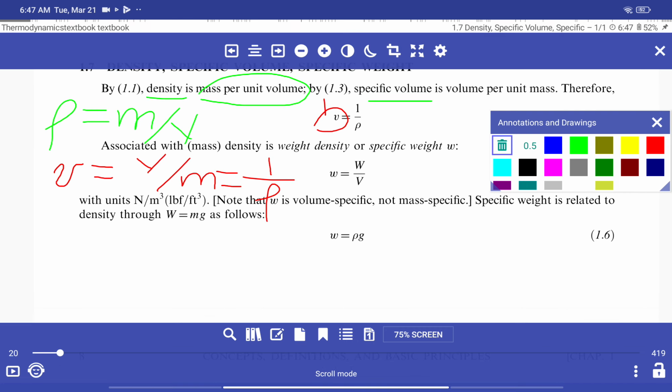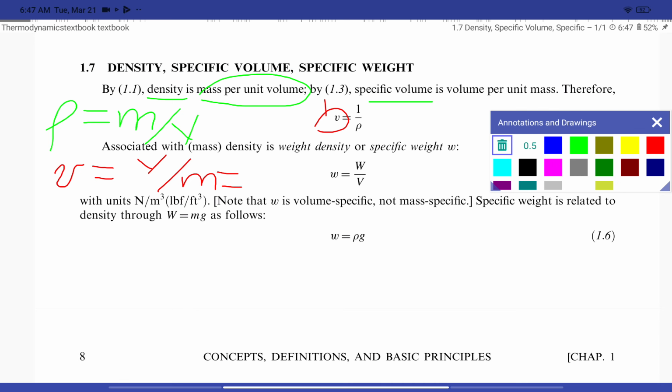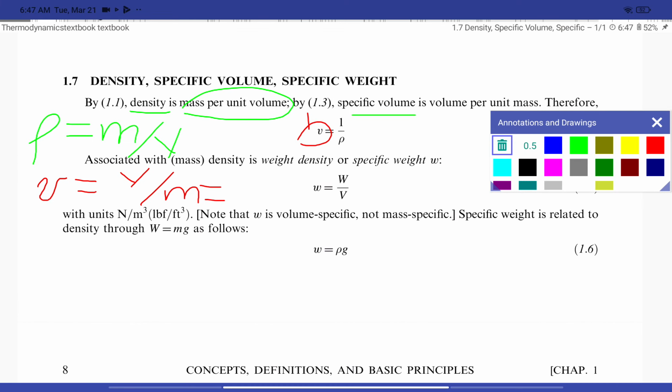Okay, so this is what these things are all about, right? So don't be confused with that. Density is mass per unit volume. Specific volume is volume divided by mass. That's the difference.